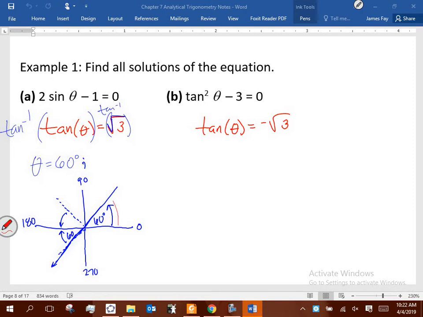It's this angle here, all the way back to there. So what would it be if I stopped here? 180. And then I go a little bit further, so it's 240. There's my second solution there for what theta is.